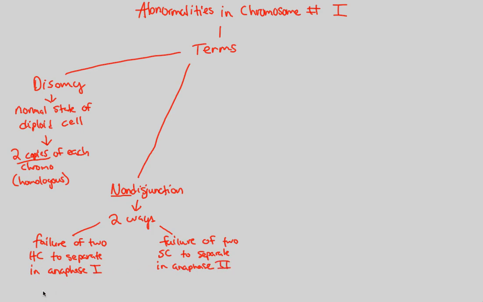Okay, so a couple of implications, a couple of results of these non-disjunction events are the following. Of course, these chromosome number abnormalities have to happen in what we consider the gametes. Okay, this all occurs in the gametes, because the gametes are what are going to be passed on.